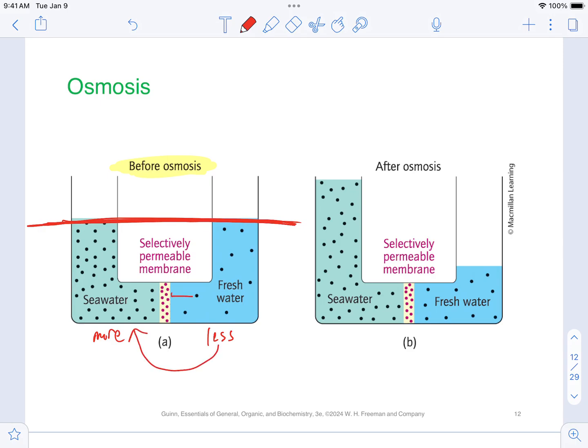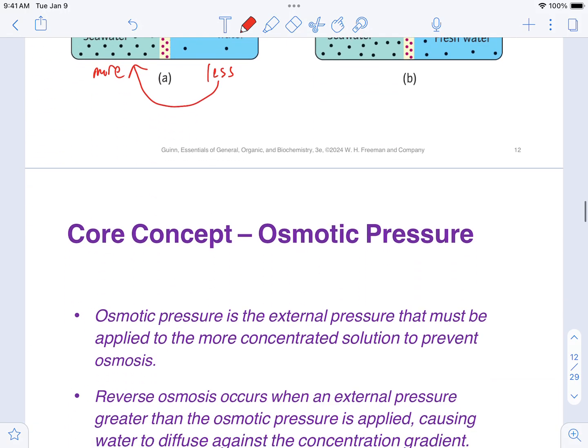So the water itself is going to cross this membrane, making the level of the seawater go up. And that's what you can see on the right side here, that after osmosis, look how much higher that volume is. So that is what osmosis is.